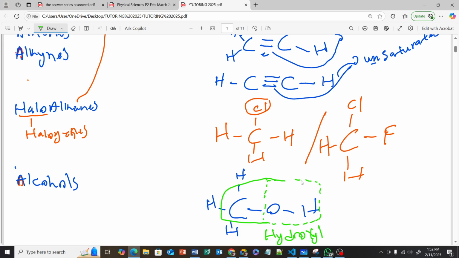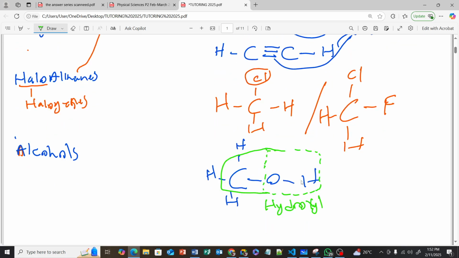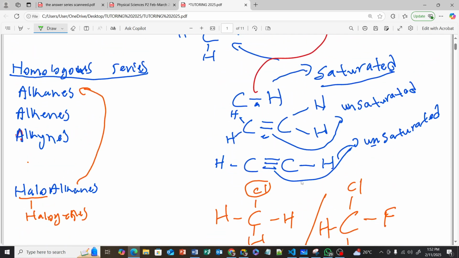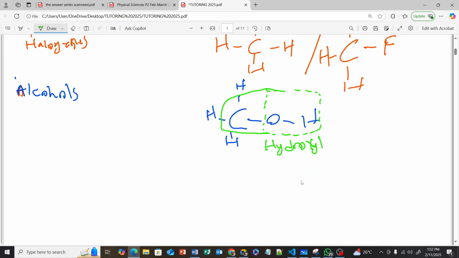All right, we will see more of alcohols when we do esterifications and so forth. Now from here we have what we call ketones. Ketones have a minimum of 3 carbons, and I will show you why.